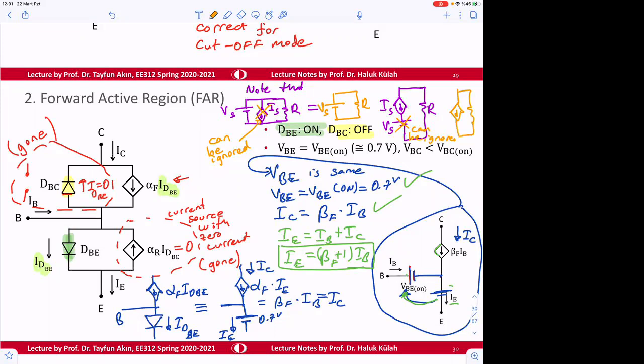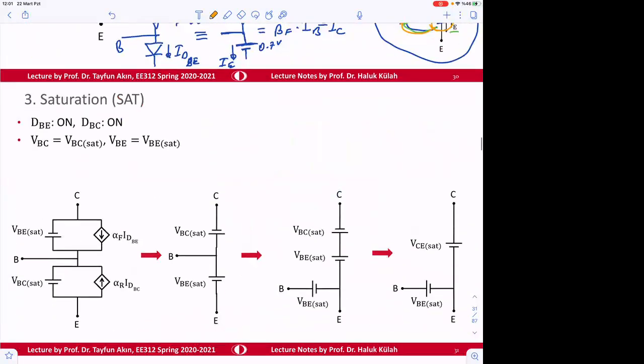So this is the reason why having this one and removing this to here is not affecting our operation, because here the current is determined by the current source, and in the other one the voltage is determined by the voltage source anyway. So therefore this model is also correct and satisfies our operation.